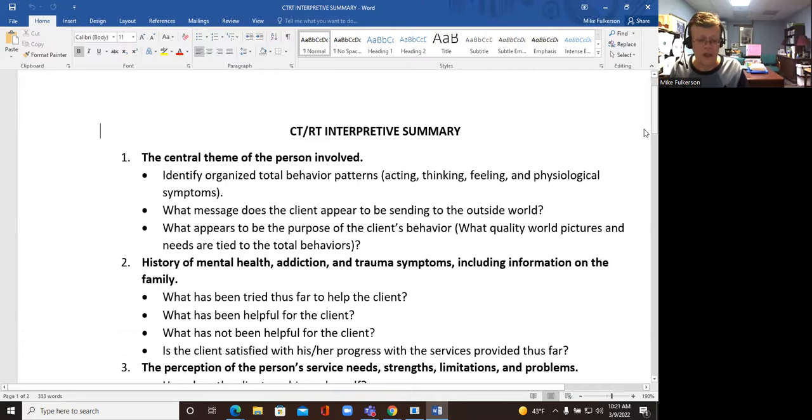What has been tried thus far? What has been helpful for the client? And what has not been helpful for the client? These can be information that we'd want to get from the person we're working with, as well as their guardian or other family members who may be involved in our services. And then here's a self-evaluation question. Is the client satisfied with his or her progress with the services thus far?